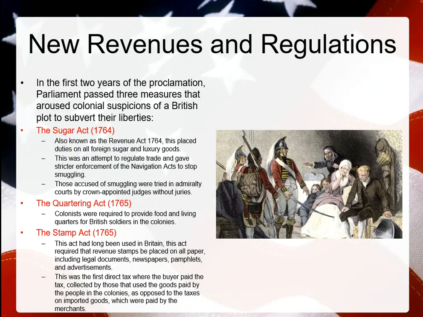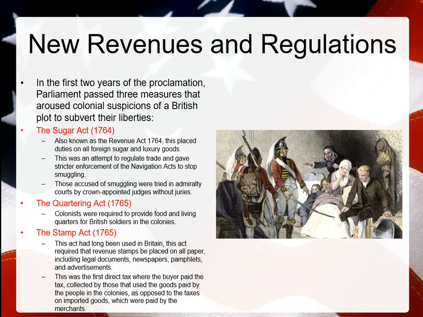So the colonists are going to become more resistant, and as they become more resistant, Britain's going to feel like they need to keep showing who's boss, basically, and keeping that hold on them. So in the first 2 years after the proclamation, Parliament's going to pass three measures. You got the Sugar Act of 1764. And with this act, they're going to tax sugar and other luxury goods.